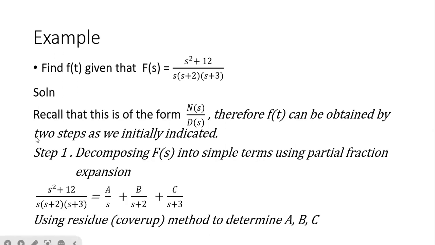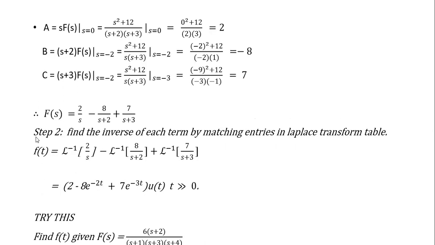We have two methods, the algebraic method and the cover-up method. There are other methods depending on whichever one you find convenient, but for now we're going to consider the cover-up method. So let's look at it.